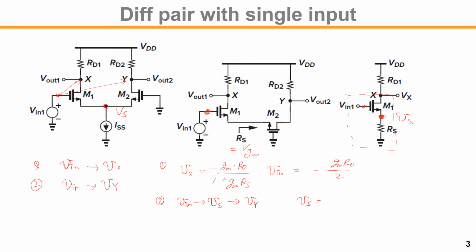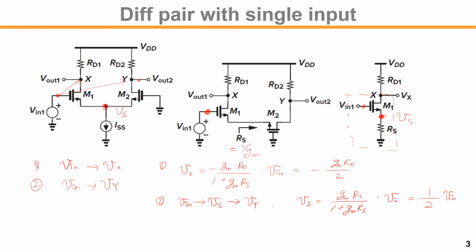Vs would be Vin times gm Rs over 1 plus gm Rs, because Rs is 1 over gm, so that would be what? 1 over 2 times Vin. Now, the gain from Vs to Vy, Vout, would be what?